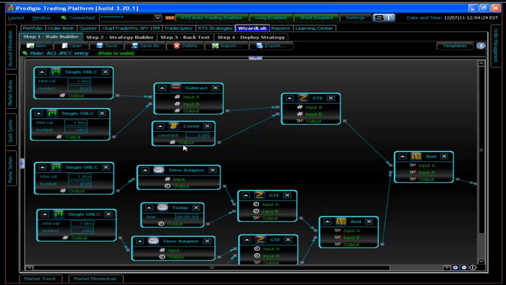My time stays the same. What's my constant for the entry in the trade? 1738. I'll get to the forming bar in a second at the end. My constant is I want to get long at 1738.